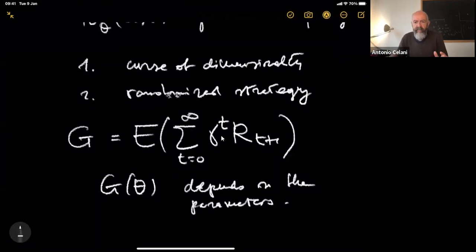So the idea behind these policy gradient methods is just to look directly at the objective function as a function of the parameters of the policy, and to perform gradient ascent in this parameter. So we want to maximize our G, our goal, directly as a function of the parameter, in principle not even passing through the notion of a value function.